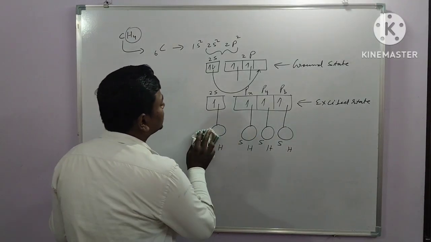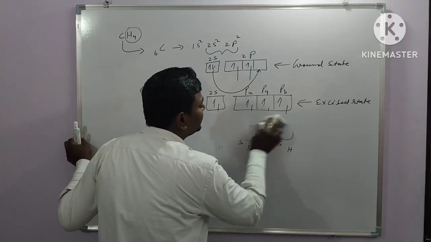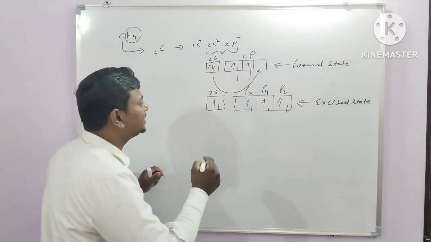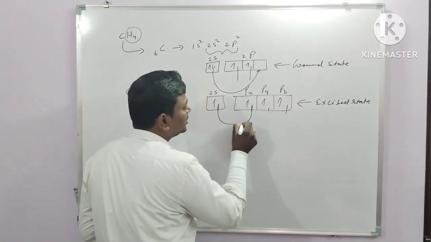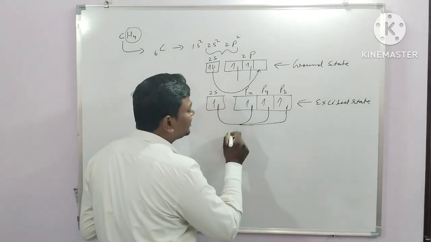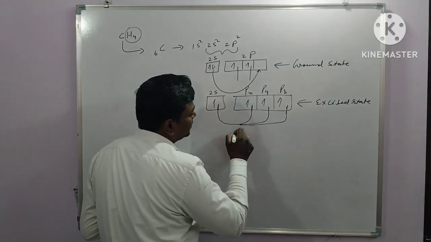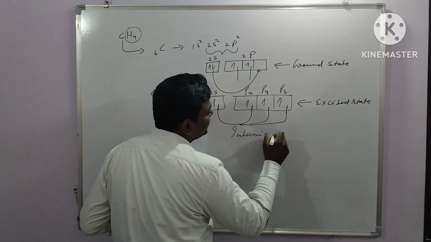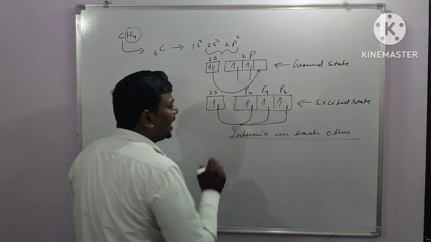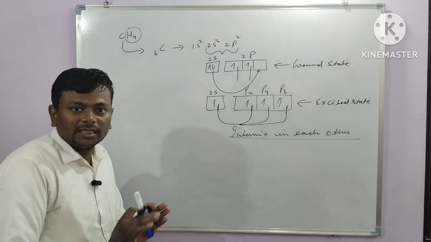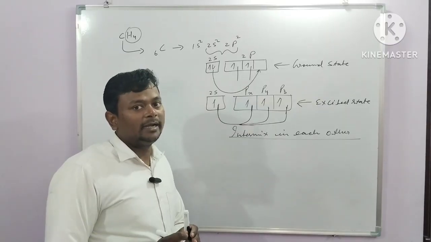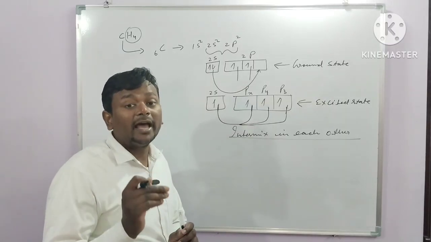The orbitals which are going to make bonds first intermix with each other. These orbitals are going to intermix in each other. Okay, and when they intermix, they are going to form a new type of orbital, and that is called a hybridized orbital.